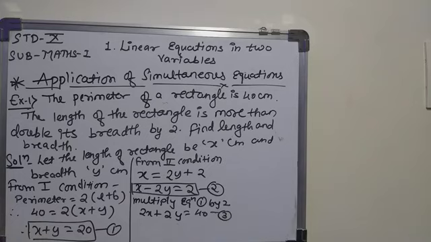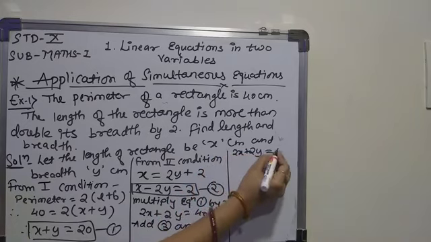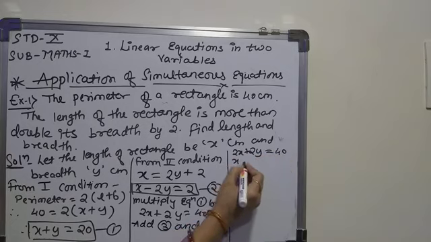Now add equation number 3 and equation 2. So what you will get after adding this? 2x plus 2y is equal to 40, x minus 2y is equal to 2.